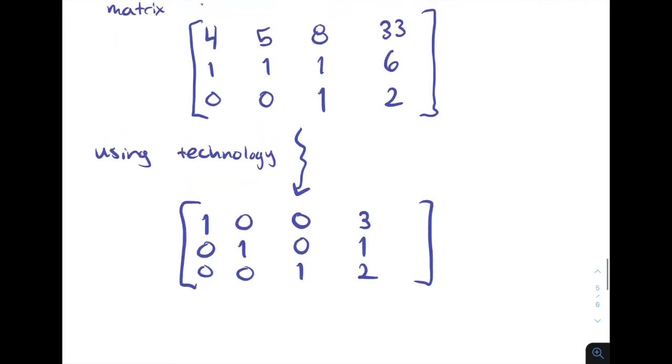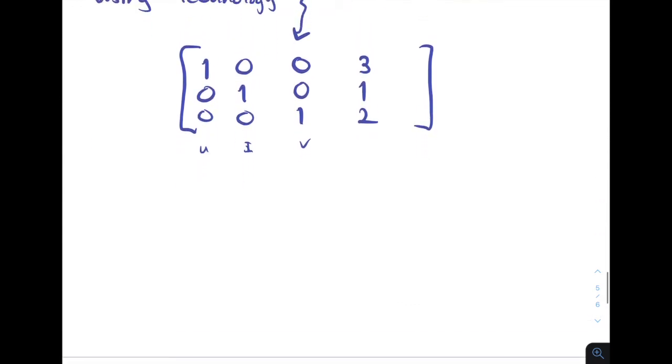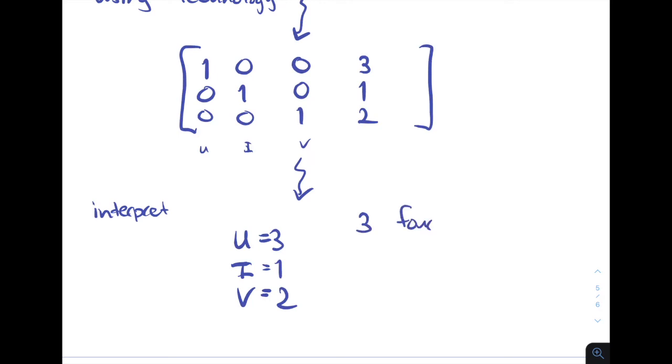If we recall that the columns represented the 4-seat vehicles, the 5-seat vehicles, and the vans, we can interpret this augmented matrix to get U equals 3, I equals 1, V equals 2, which means 3 4-seat cars, 1 5-seat car, and 2 vans.